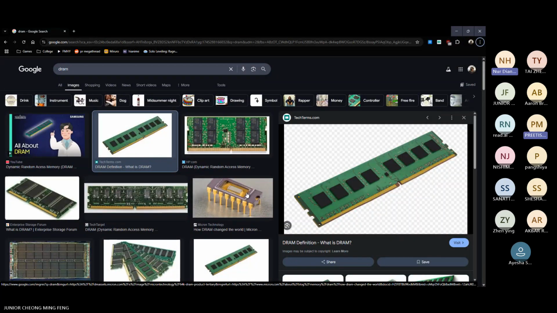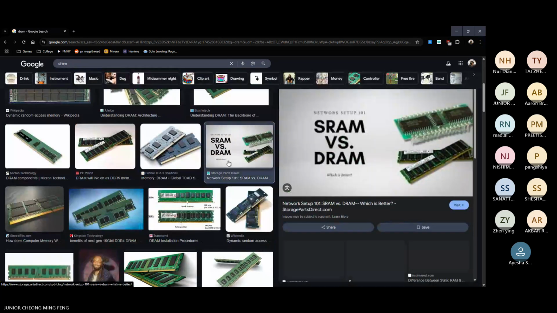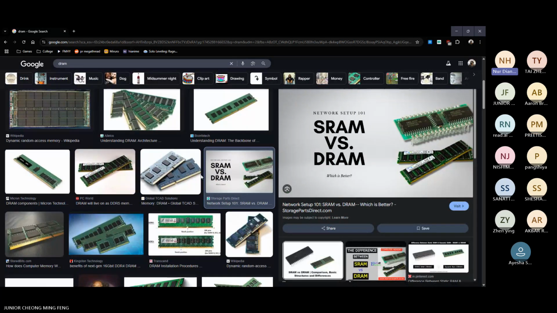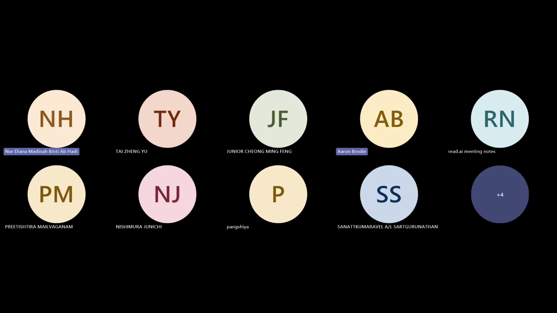Did you check SRAM? Aaron, did you check about SRAM? How does the SRAM look like? While waiting for your friends, others, can you check what is the difference between SRAM and DRAM?